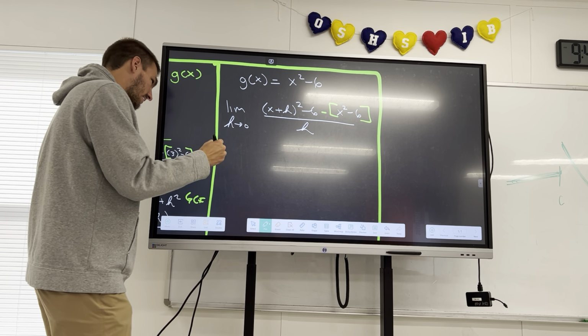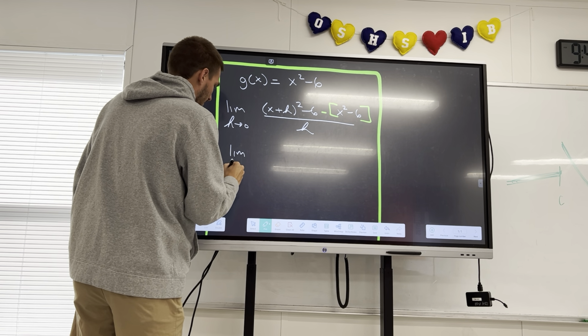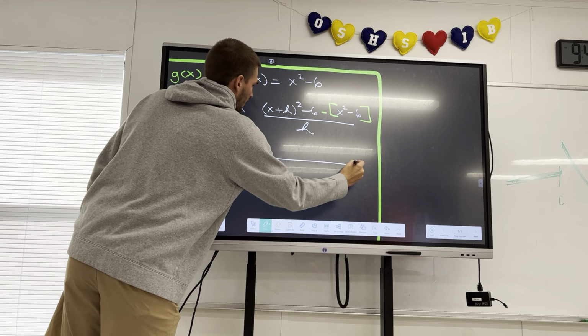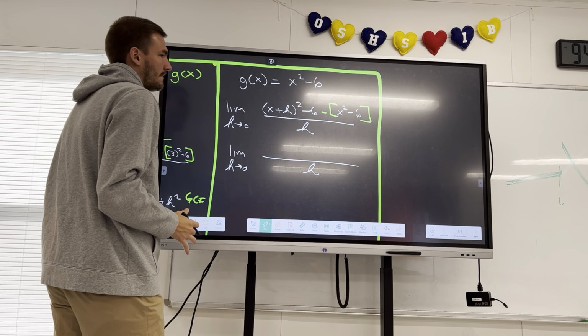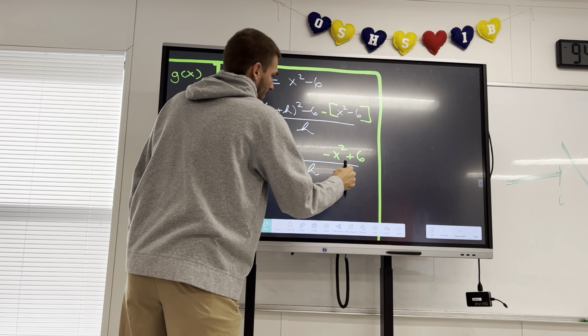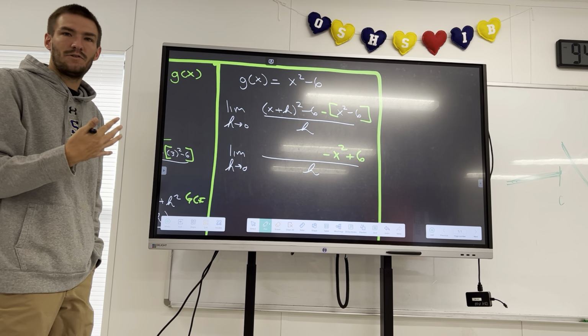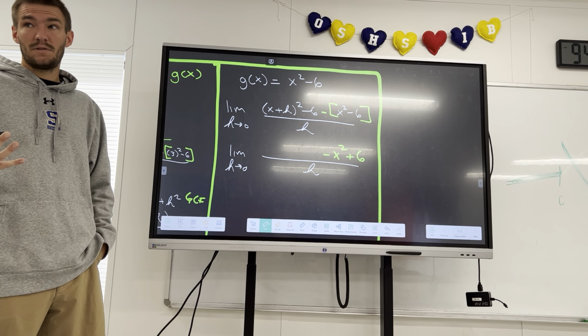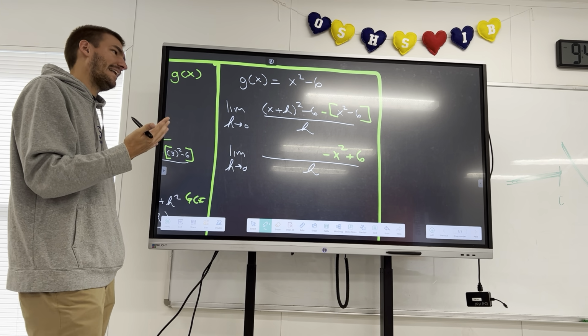So if we don't work on this, h goes to 0. Again, this other part is very easy, minus x squared plus 6. But this first part, we're gonna have to do some foiling with two variables. But it ain't really all that hard.